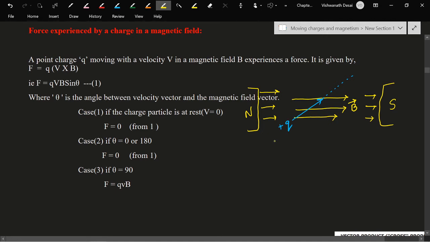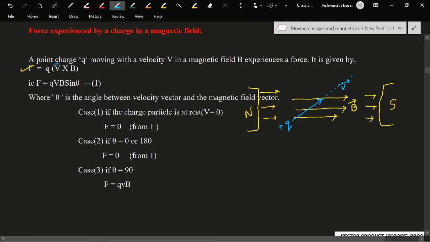In that field, if the charge goes, it experiences a force, and that force is given by the equation over here: F is equal to Q into V cross B. Here Q is the charge we considered, V is the velocity of the charged particle, and B is the magnetic field applied.